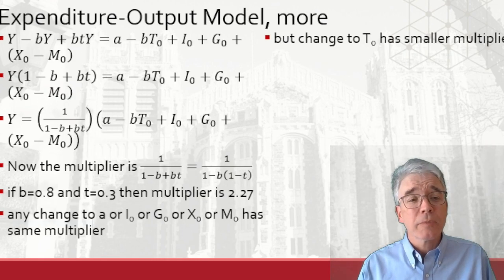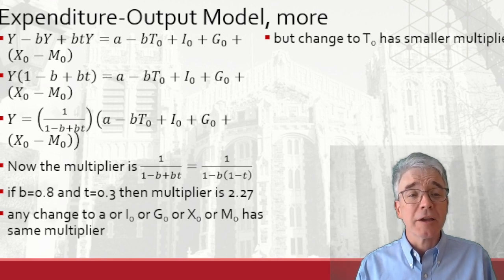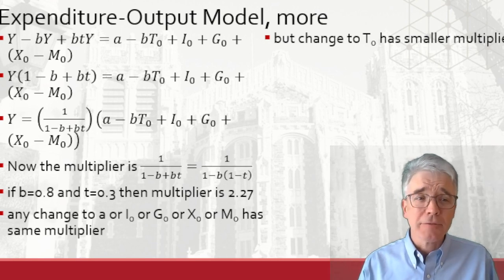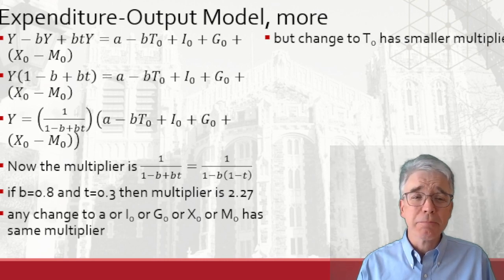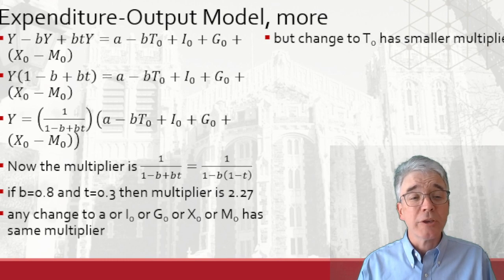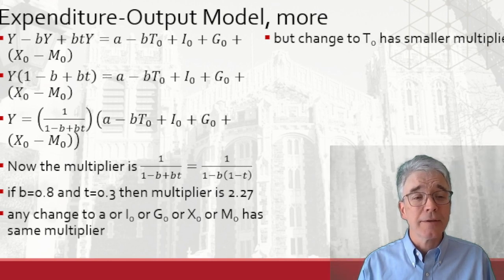Collect terms involving y on the left-hand side. We have y minus by plus bty. Again, careful that the b terms switch signs as they go across the equals. Sign goes from minus bty on the right-hand side to plus bty once it's on the left-hand side. All the y terms equal a minus b t naught plus I naught plus G naught plus X naught minus M naught.